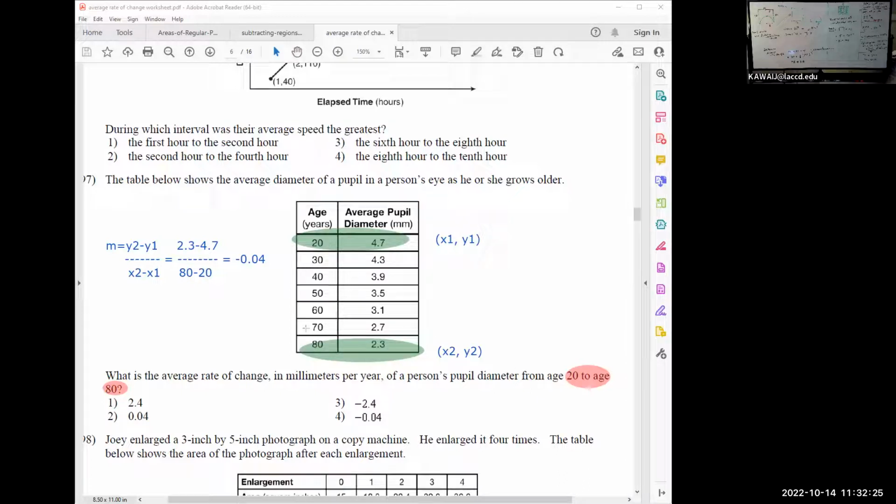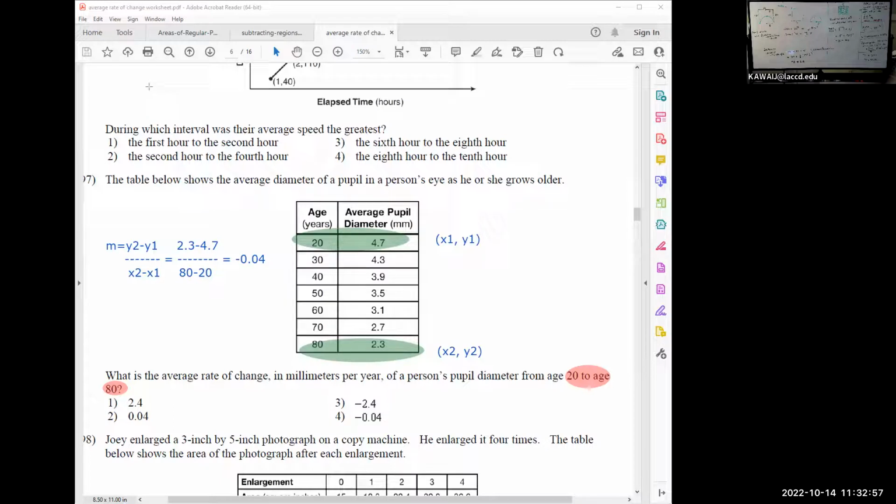The reason why we picked 20 and 80 is because it said 20 and 80. Oh, okay. Professor, I have a question. Is it 20 minus 80, or 4.7 minus 2.3? Yeah, you'll get the same answer. Oh, okay, got it.